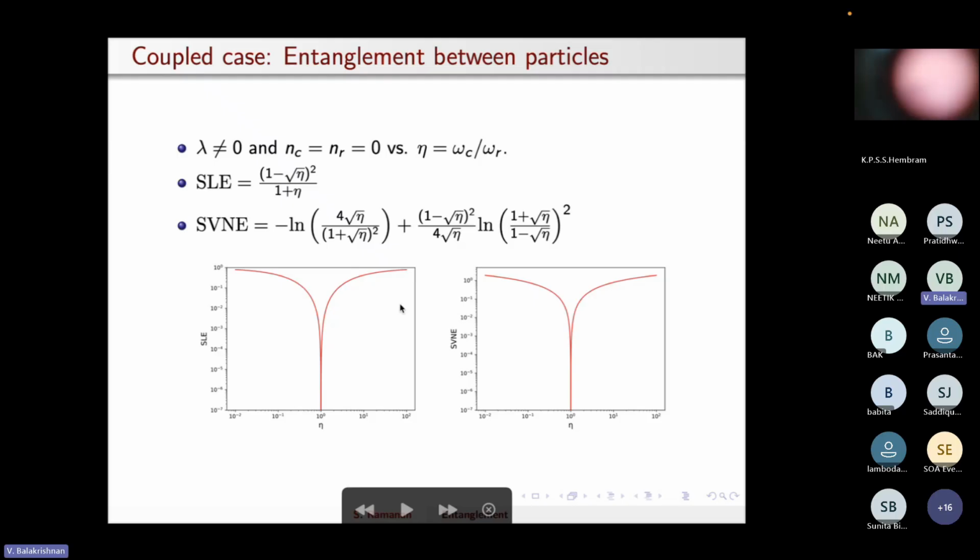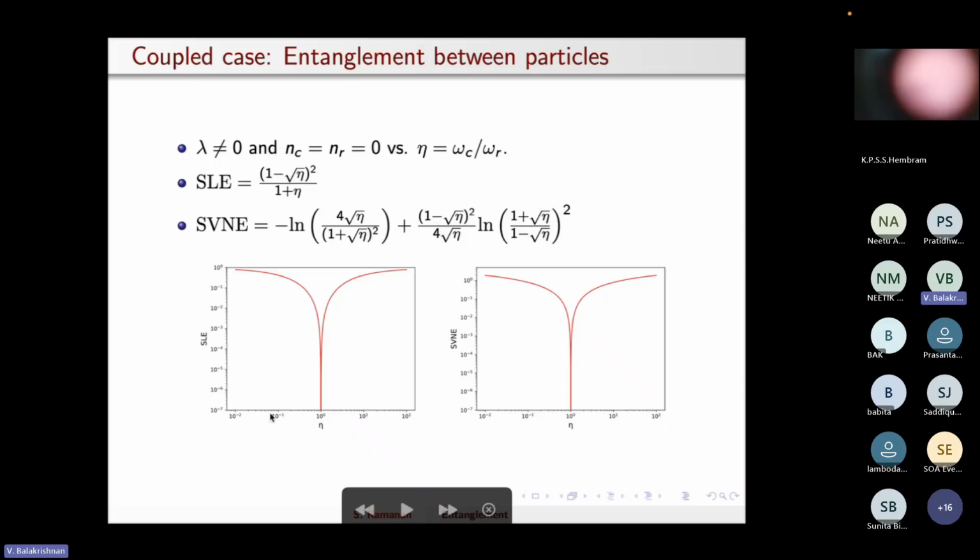Now, if I keep the coupling, so when lambda is not equal to 0, it means that the oscillators in the single-particle basis are coupled, but in the coupled basis, which is the center of mass and relative, it is of course uncoupled. In the case where NC and NR are 0, therefore both the relative and the center of mass oscillators are in the ground state, it is again possible to get closed-form solutions.